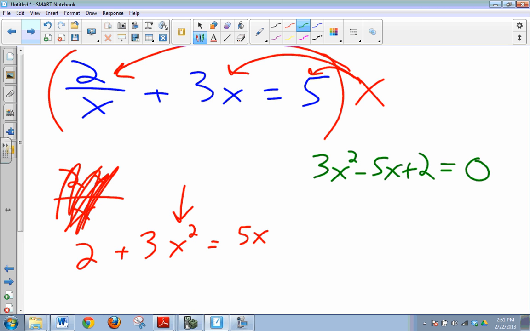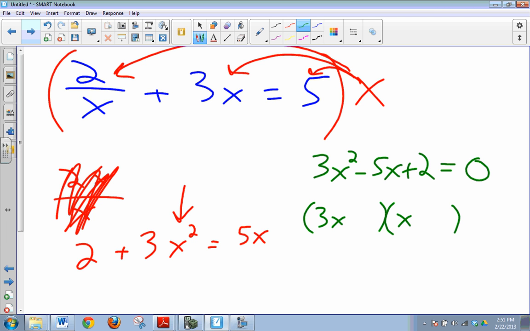Okay. So it'd be 3x. Now I don't know if this is going to factor. We can try it out. If that's 3x, this has to be an x, right? You can only do 2 and 1.